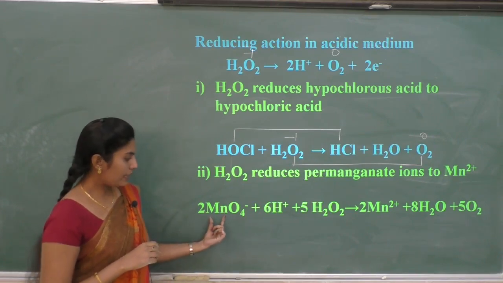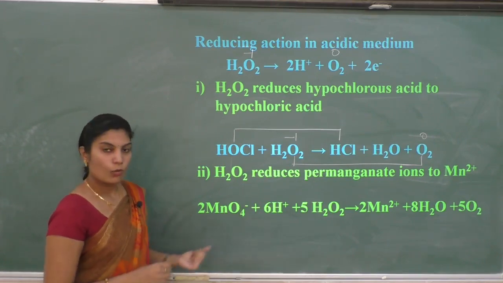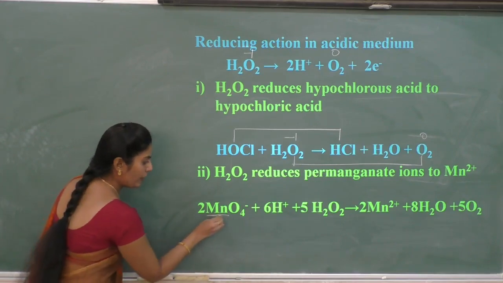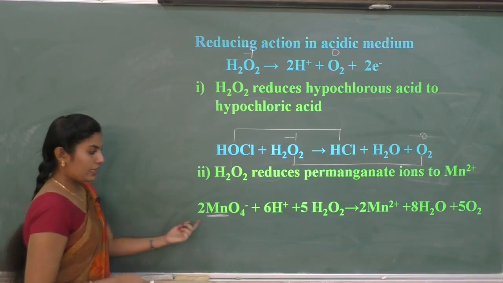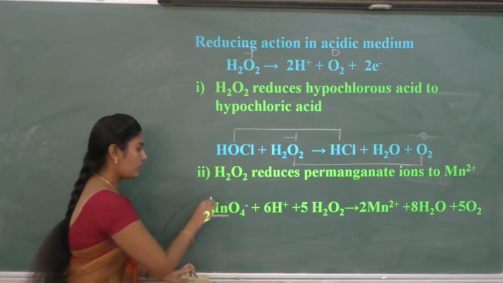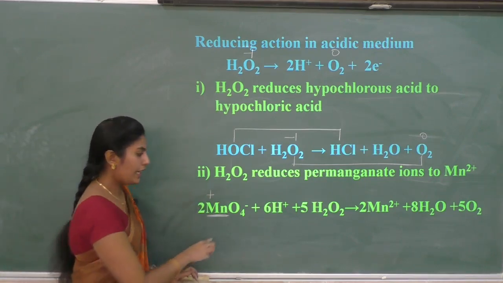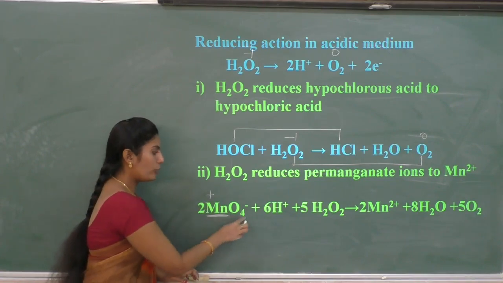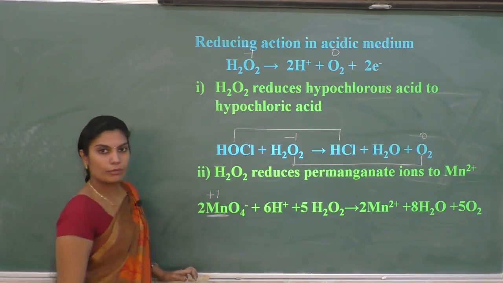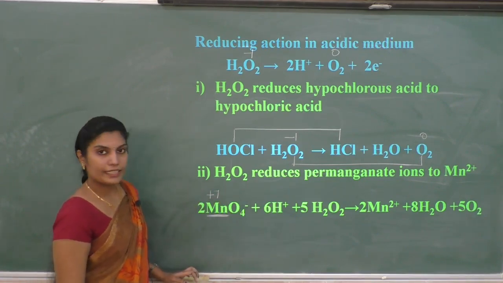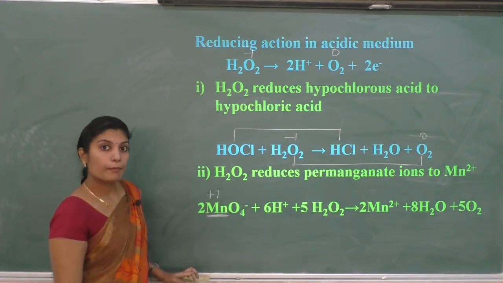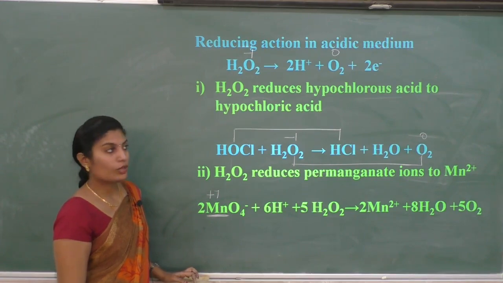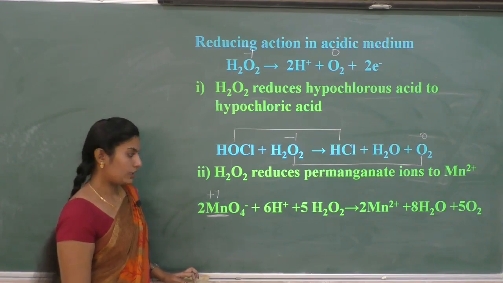Next, here H2O2 reduces permanganate ion to Mn2+ ion. If we consider the MnO4-, what is the oxidation state of Mn in this complex? In MnO4-, the oxidation state will be +7 and it is reduced to +2 state by the gain of electrons, isn't it?